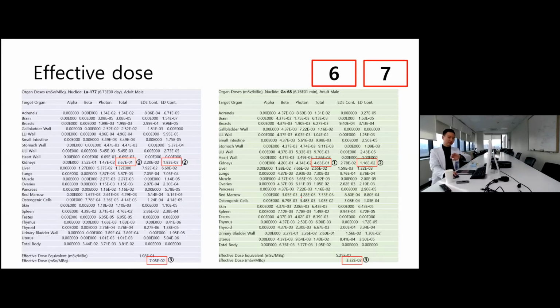However, although we repeat it like 10 times, it is not relevant to causing a deterministic effect in the organ. So that's why I think it is more important to look at the effective dose for the diagnostic agent. However, for the therapeutic agent, we need to focus more on the result of the absorbed dose.